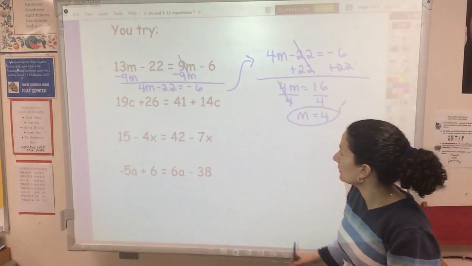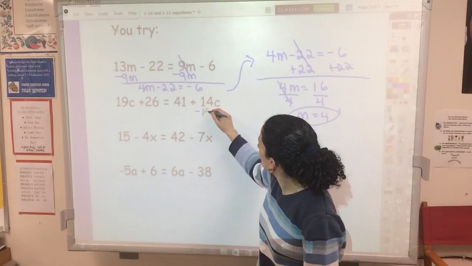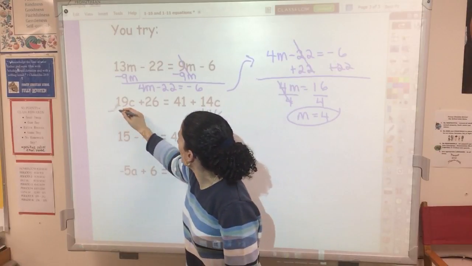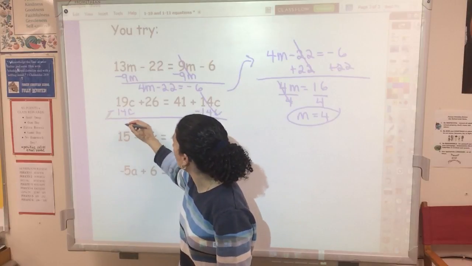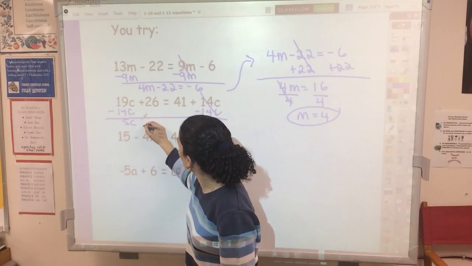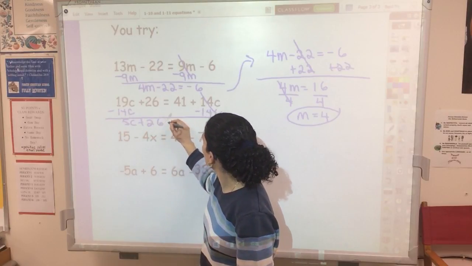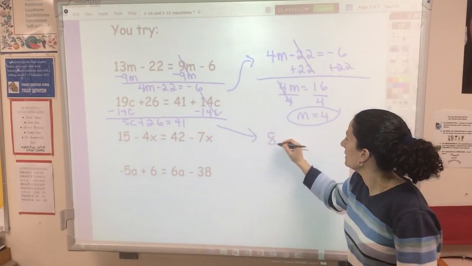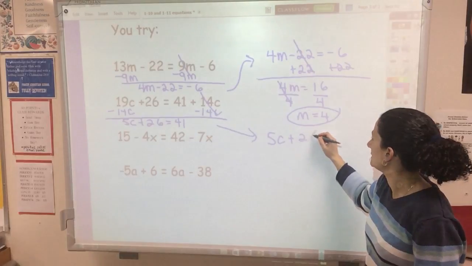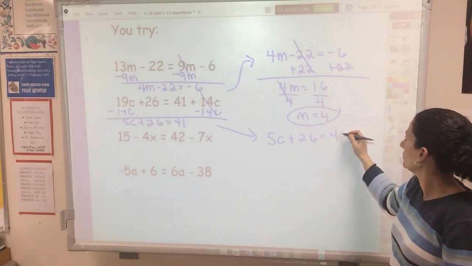Okay, let's check the second one. This one, I'll move the 14c from both sides. Okay, that'll combine it over here on the left. And that'll give me 5c plus 26 equals 41. Okay, let's continue that over here. 5c plus 26 equals 41.